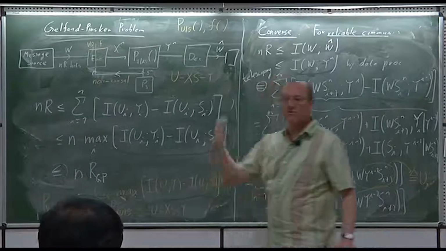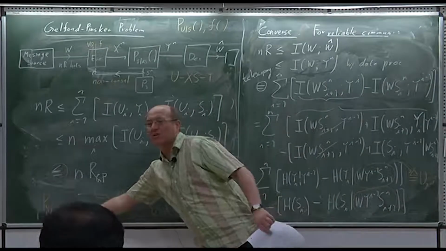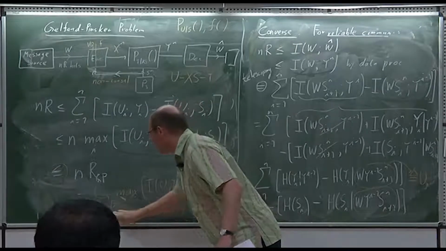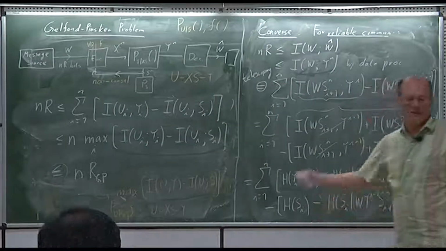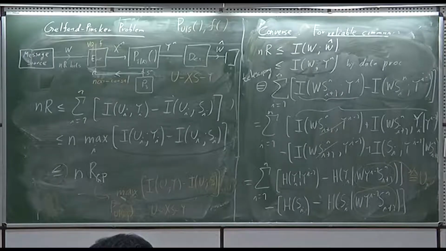Given everything else is fixed, it's convex, and that tells you that you should choose this to be a function. Then I can claim this is the Gelfand-Pinsker rate with p(u given s) and this function. That's what lets me simplify it down to a function. Anyway, it's very fast, I know, but this is how you prove the converse.